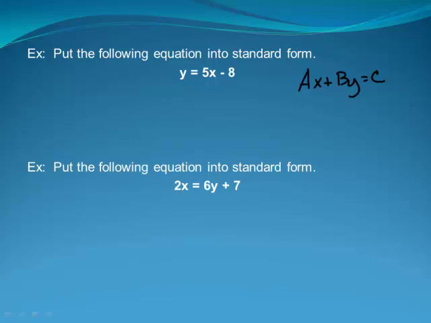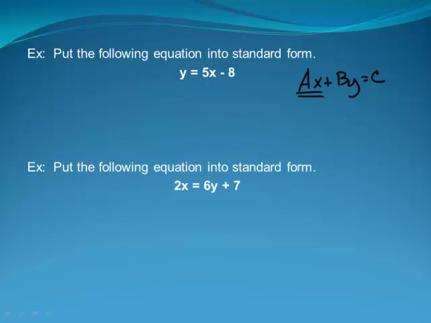So we are going to put x and y on one side and our constant on the other. It's also good form to let the a value be positive. So if that is something that will control which side you want to move your variables and constants around to, that's something to consider.